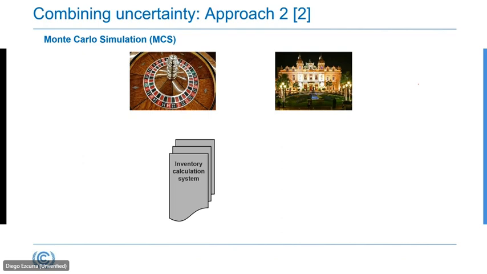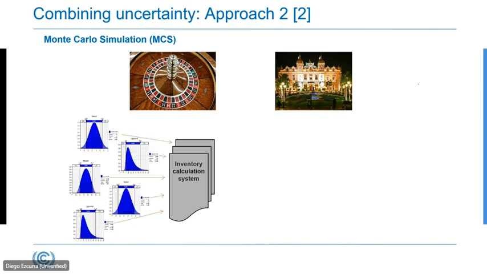You simulate the inventory and recalculate it several times, where each time the inventory is calculated assigning to the input variables one value in particular, randomly, but following its probability density function.